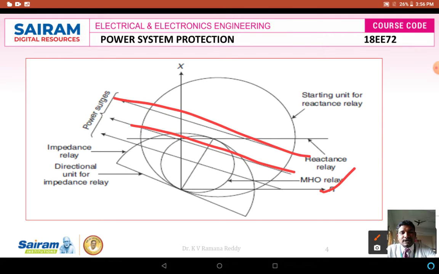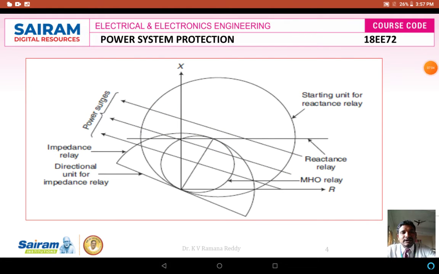Here we provide unit protection with respect to Z. If the impedance value, the reactance value, and the resistance value are less than the predetermined value, then it will protect, otherwise it won't. So if these characteristics lie within this circle, the relay protects, otherwise it won't.